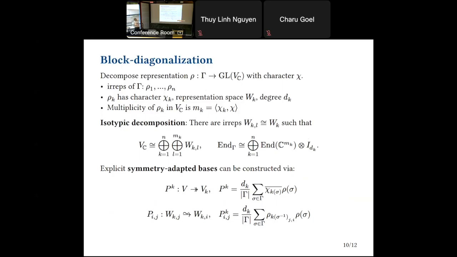Okay, the representation, we call it rho. We have a chi here. We take the n irreps of the group gamma, which was our affine group before. We say that each of these irreps has a character chi_k, as Gordian defined earlier. It's acting on the space W_k, and the space has dimension d_k.